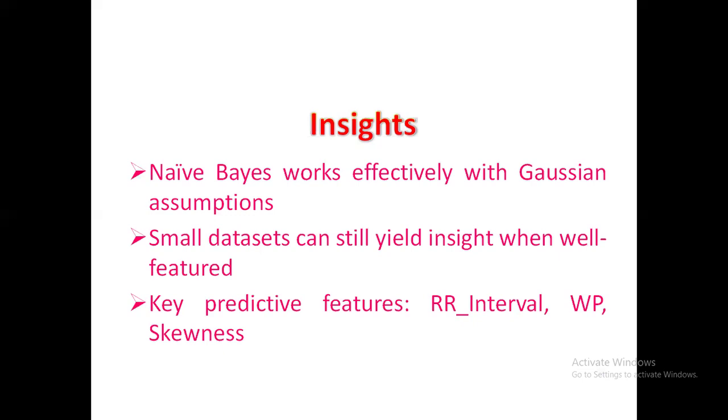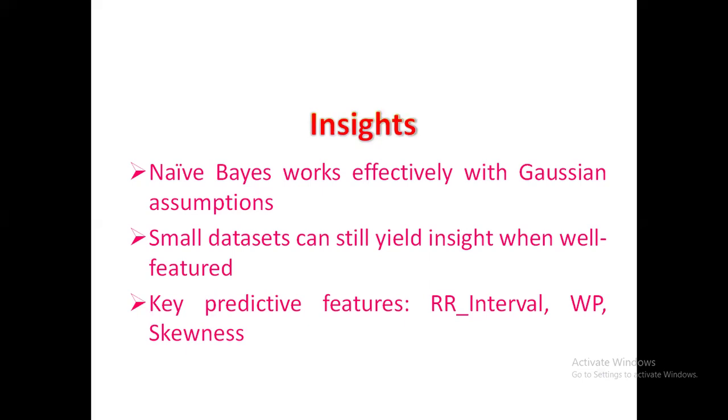Among the extracted features, RR interval, wavelet power, and skewness emerged as the most influential in predicting heart abnormalities. These features capture essential aspects of the ECG waveform such as timing between beats, energy concentration, and waveform shape, making them critical for distinguishing between normal and abnormal heart activity.